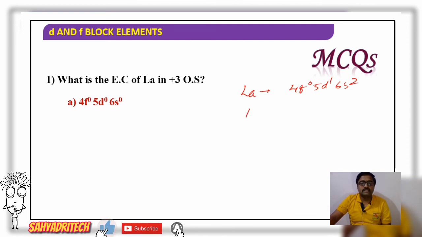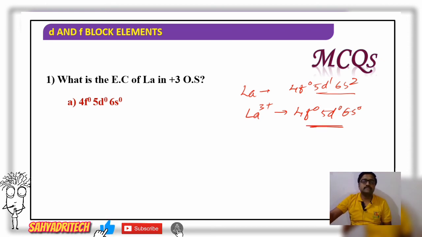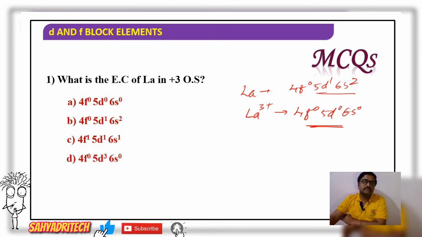They are saying lanthanum 3 plus. 3 plus means those 3 electrons were lost, so 4f0 5d0 6s0 is the configuration. So we look for the option. The first option 4f0 5d0 6s0, then 4f0 5d1 6s2, 4f1 5d1 6s1, 4f0 5d3 6s0. So what is the answer? Option A is correct, 4f0 5d0 6s0.